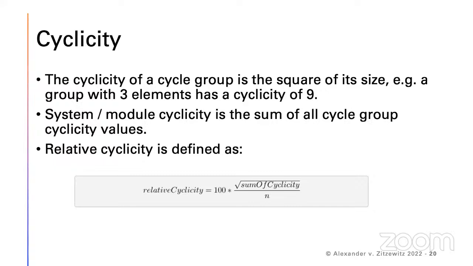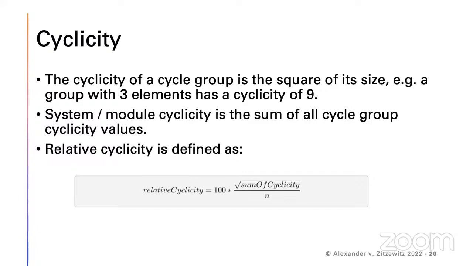So let's do a little thought experiment about relative cyclicity. Why is this an interesting metric? Let's assume we have a system with 100 Java files. And number 1 is using number 2, number 2 is using number 3, until we come to number 100, which again uses number 1. So in your mind, you should see a big, big cycle wheel comprising all those 100 Java files. In that case, we only have one cycle group in that system.